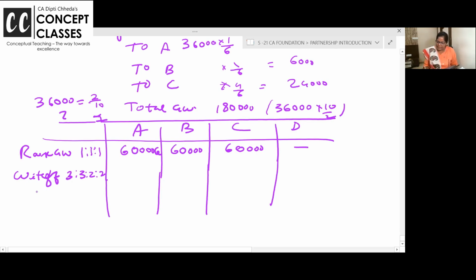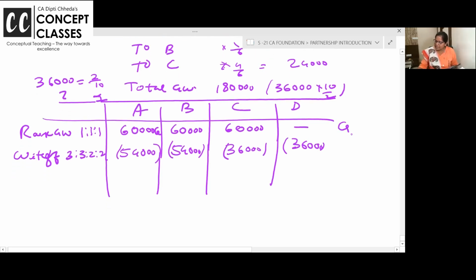I divided by 10. 18,000 into 3, 54,000, 54,000. 18,000 into 2, 36,000, 36,000. Raise the goodwill is credit, write off is debit.